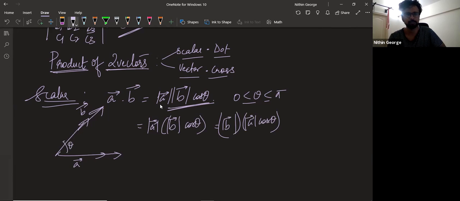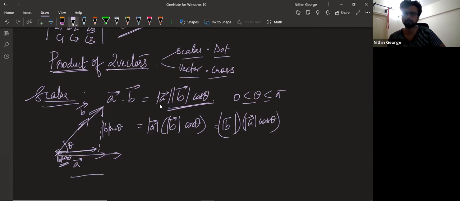If this is the angle theta, this is B sin theta, and this length becomes mod B cos theta, right?